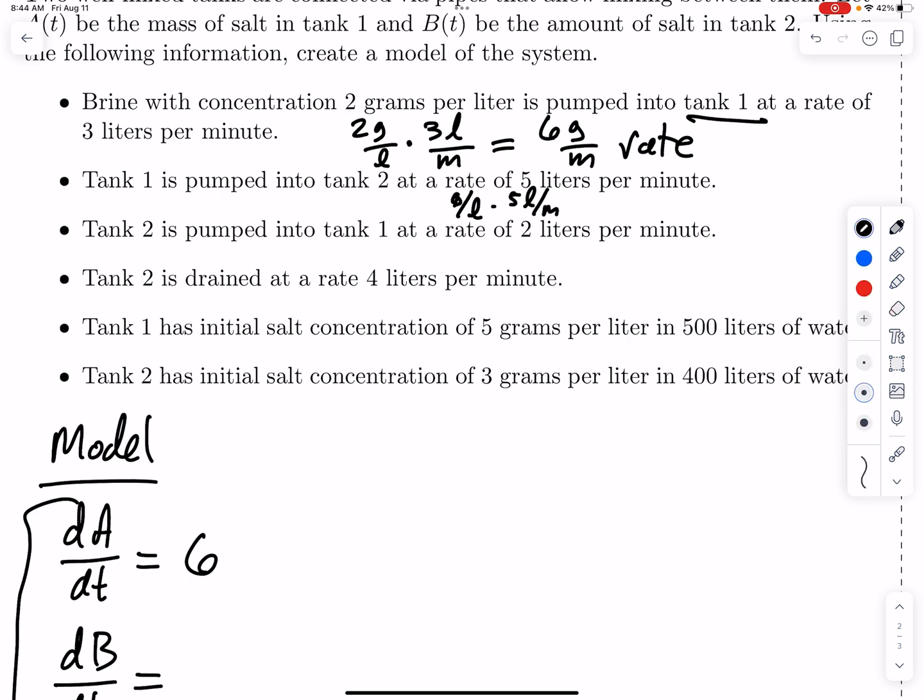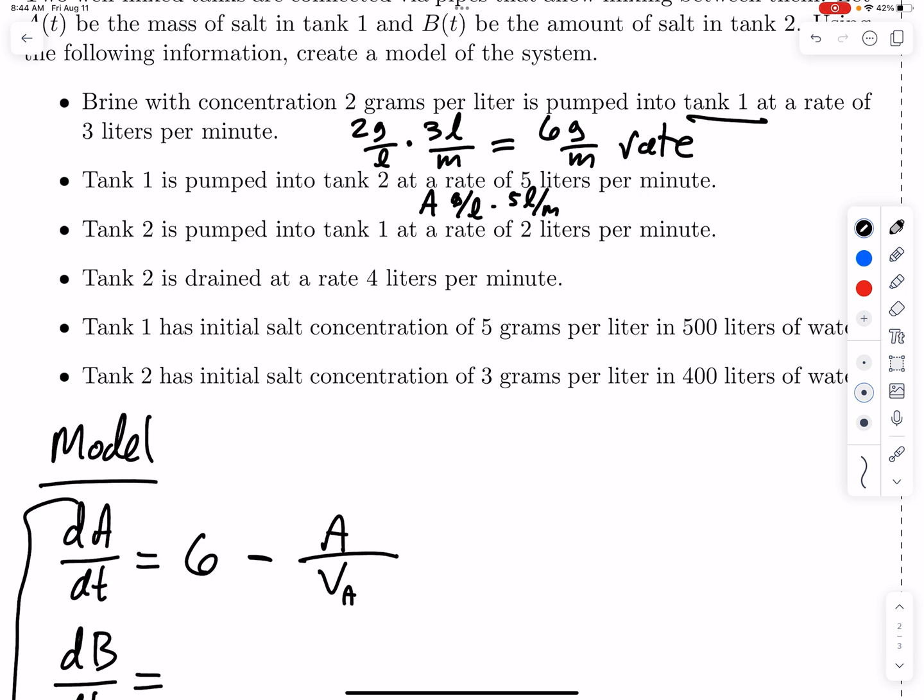But how many grams are there inside of tank 1? Well, there's A grams inside of tank 1. And how many liters are in tank 1? That's a good question. So this is going to be minus A divided by the volume of tank A.